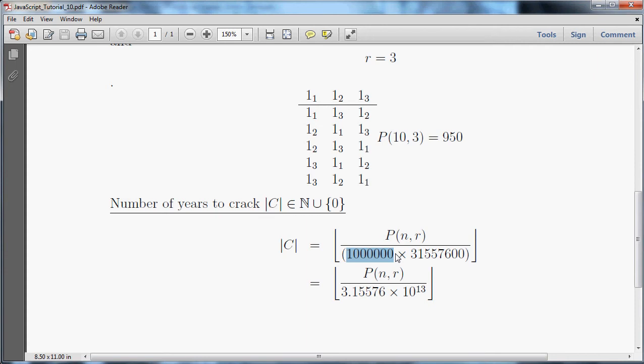So for example, if you had a distributed computer system that tries 1 million passwords, or 1 million attempts, per second, that's what this represents. Then in a year, which is 3155 whatever, that gives us this many attempts in a whole year. So however many ways, divide that by however many attempts, take the floor, because this would sometimes give us decimals. But we want whole numbers because that's what we're restricting it to be.